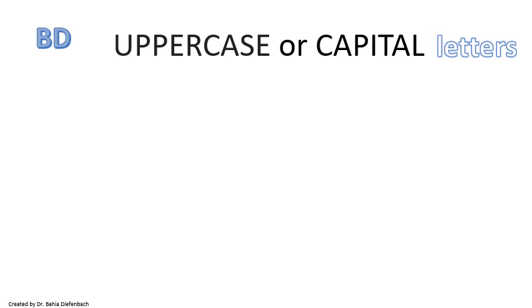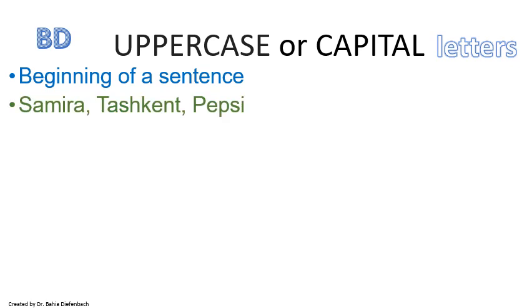Now we're going to look at uppercase or capital letters. Let's look at the words that start with a capital letter. And when do they start with a capital letter? At the beginning of a sentence. Proper nouns, they start with capital letters.